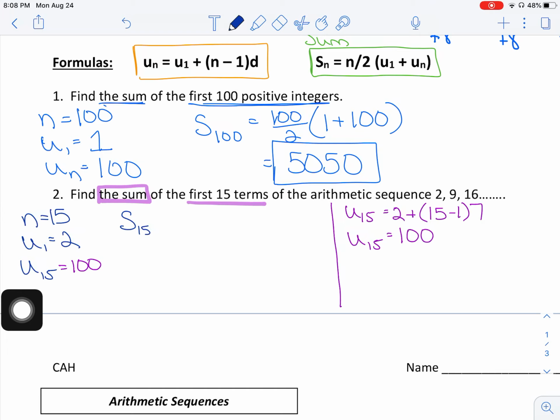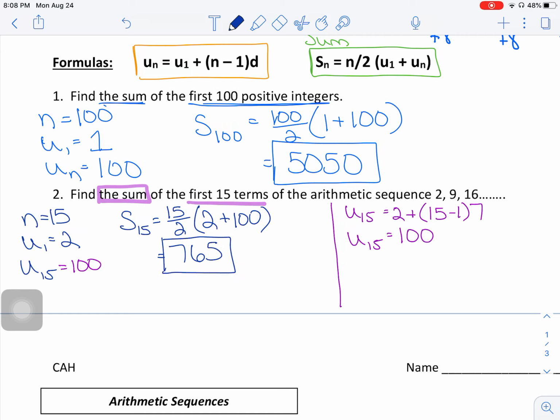The sum of the first 15 terms of this sequence is the number of terms divided by 2 times your first term plus your last term. Again, this is a place where I have my calculator literally sitting right next to me. So if you need to do the same thing, or if you are working with Calculate 84, split screen it, bounce out of this, whatever you need to do. Okay? So that's problem number 2 there.